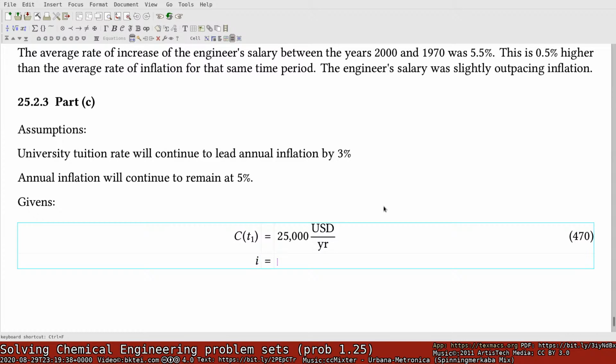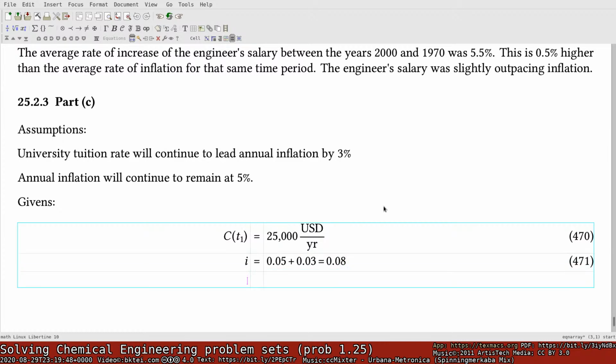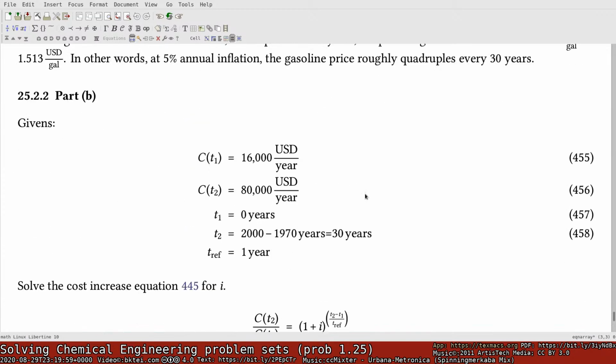I is equal to 0.05 plus 0.03 equals 0.08. T1 will equal, call that 2000, I guess. We're going to do that now.